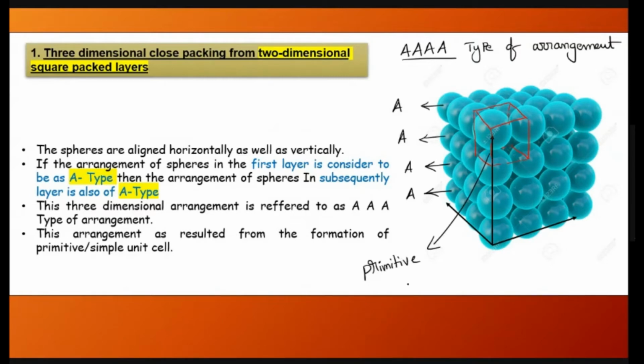It is also called a simple unit cell. We have studied the simple or primitive unit cell in our previous class. So this is the first way of getting a three-dimensional structure, arranged in all three dimensions, x, y, and z.